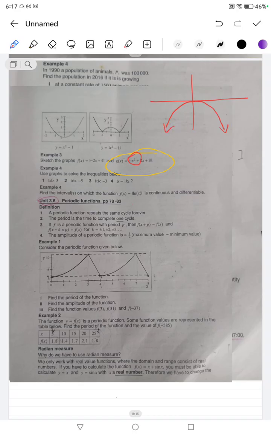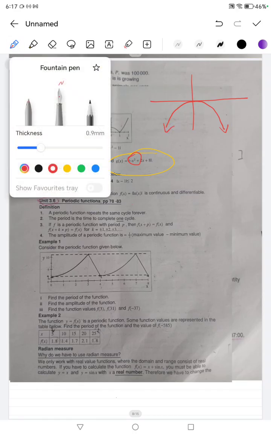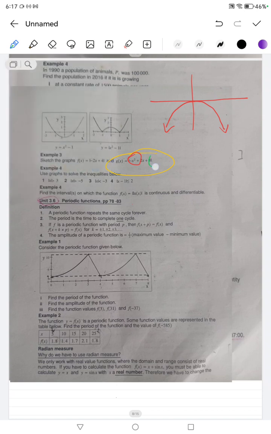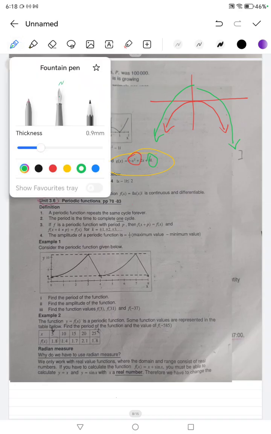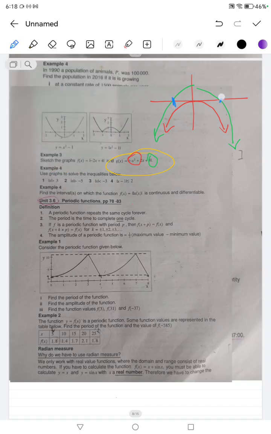You see? But now the only difference is that you have this 8 here, which is the y-intercept. So it means it's going to be shifted up 8 units, and it's going to be something like this. So the only thing we have to check for is these x values that you see this side, 1, 2.